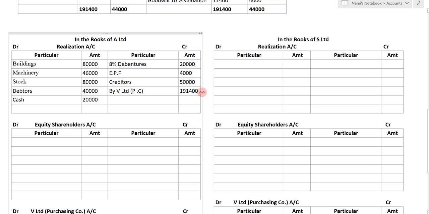Okay. Now in the equity shareholders account, you will write on the credit side 'By equity share capital of A Limited'.